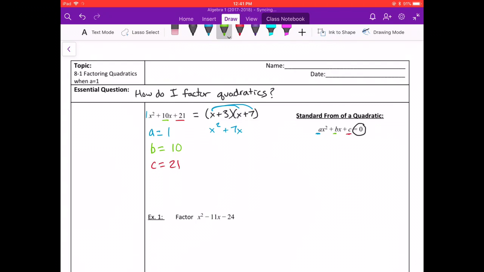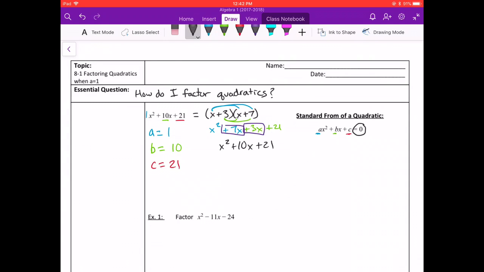And then I go back and multiply the bottom part, 3 times x, 3x, 3 times 7, 21. I multiplied it out, it's expanded out. But then you notice there are some like terms here. I can combine a 7x and a 3x. That gives us x squared plus 10x plus 21.